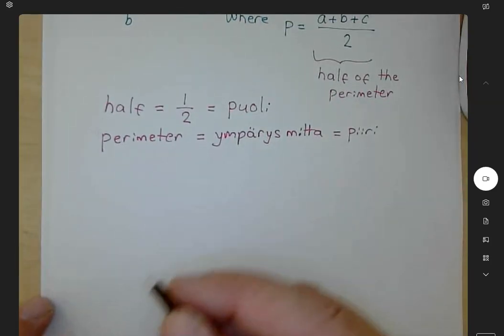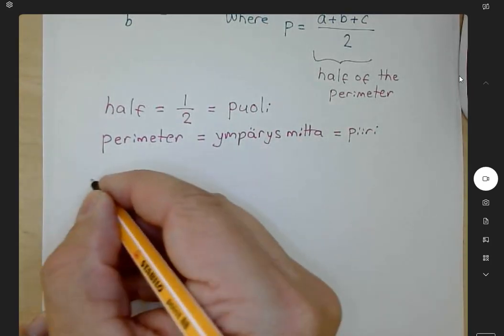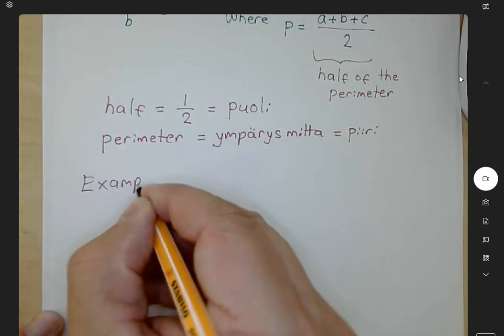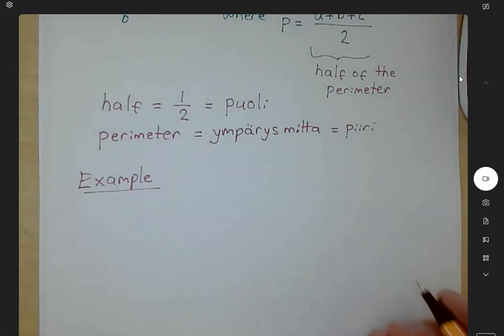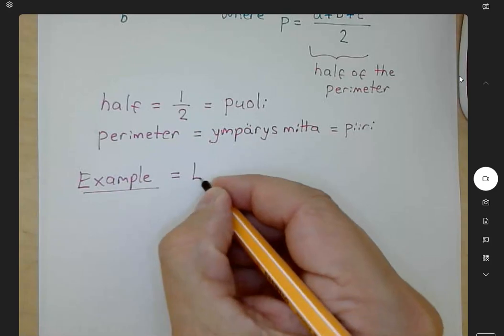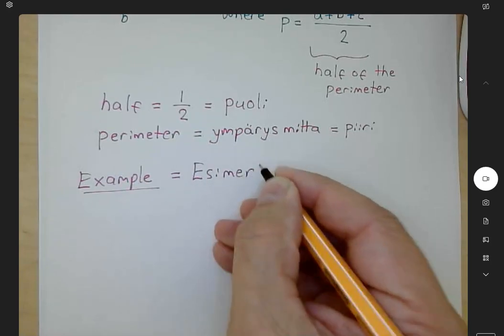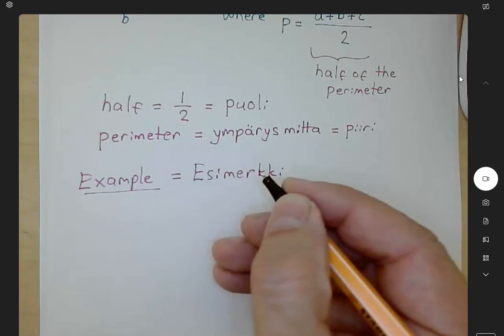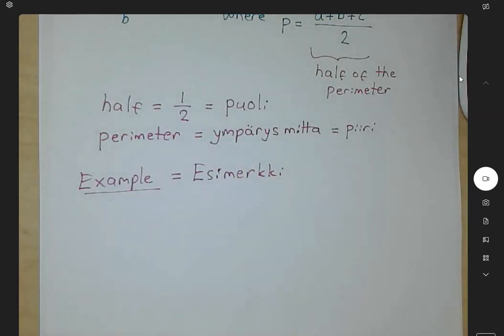But if we take, for example, by the way, in Finnish, esimerkki. Merkki is something like mark, and esi is something like that. Well, actually, there are many translations for this word esi in Finnish.